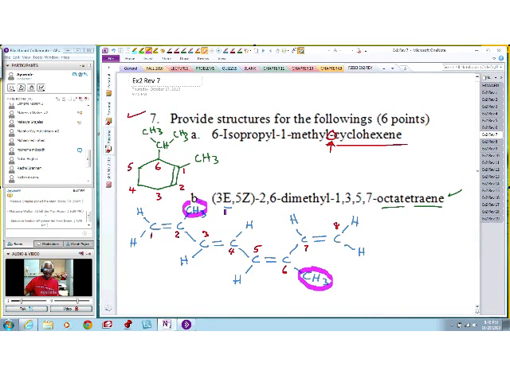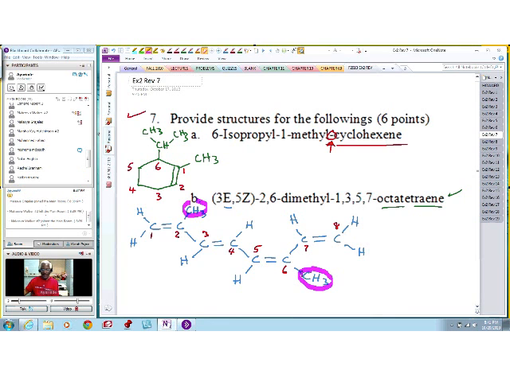Now the stereochemistry: the double bond in the 3 position is supposed to be E, and that is what we have here. The lowest groups are trans to each other, so that is E. And then in the 5 position, we have Z. That means the lowest groups are on the same side, so this hydrogen and this methyl are on the same side of the double bond.